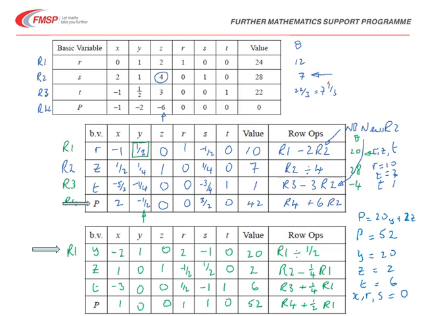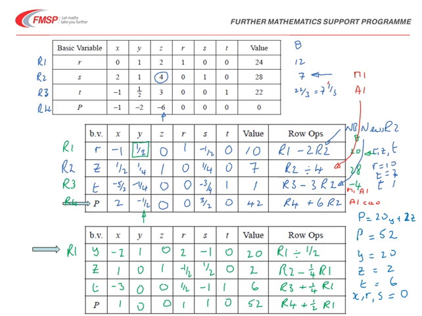The mark allocation for this sort of question is quite complex. In fact, the first M1 is scored by identifying the first pivot, and then an A1 for correctly getting the new row 2, so in here. Following that, in the first run through the tableau, there is a method mark M1 and A1 for getting one of the rows correct, and then a second A1, but it's the correct answer only.